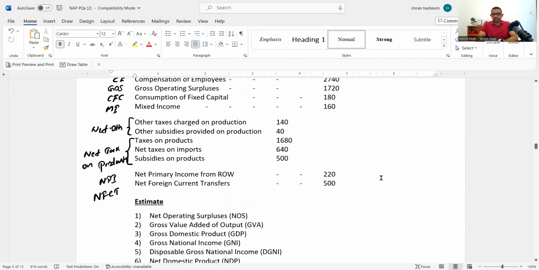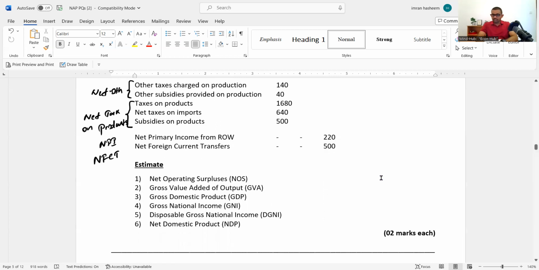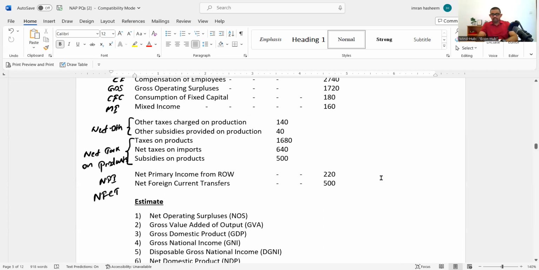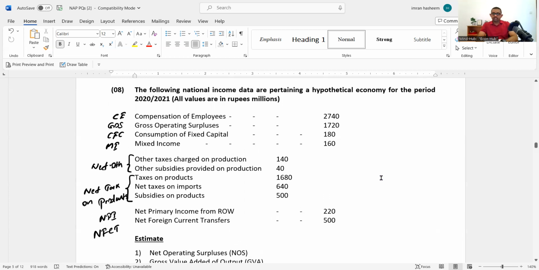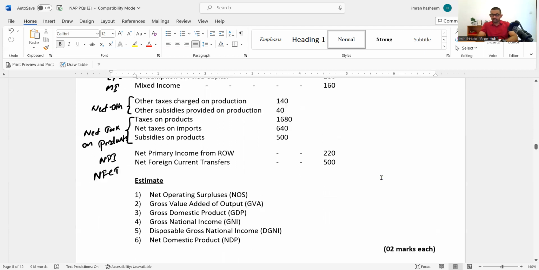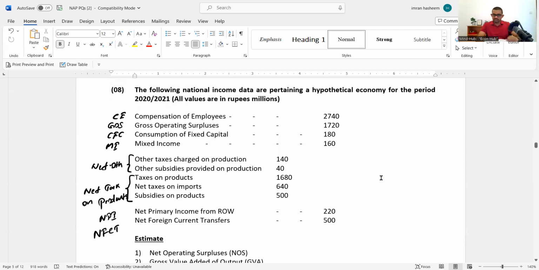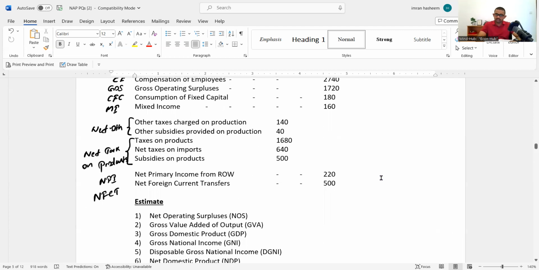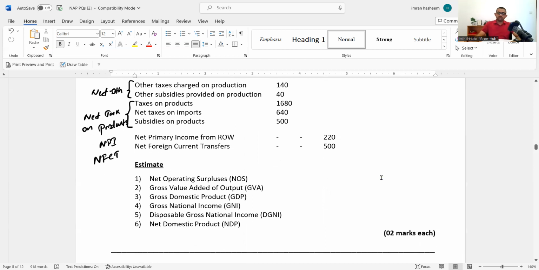Estimate net operating surplus. I'll give you the method. You need to do the calculation. Shall we go with the formula approach? I think that's okay for this question, right? Because we have identified all the key items. So net operating surplus.